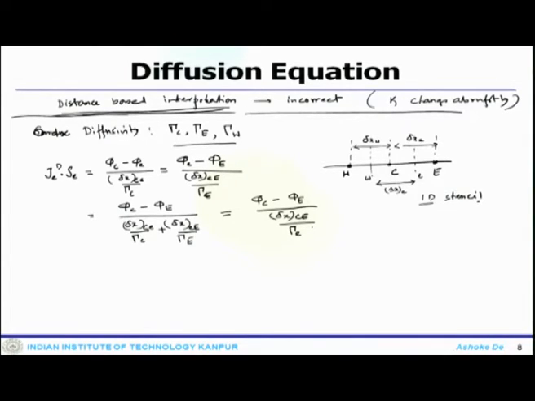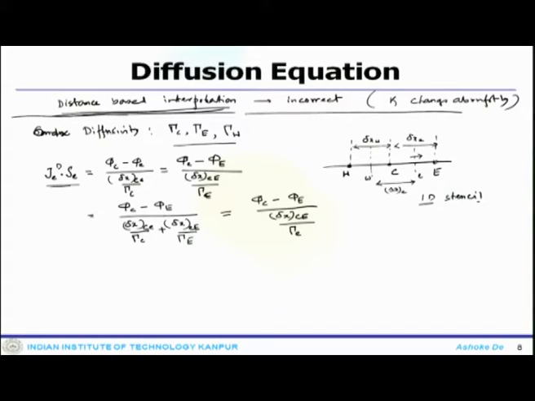That means at this particular interface, the east face flux can be represented using the information available at the cell center C, using the available information at face E, and the distance which would be used is delta x C e and gamma c.